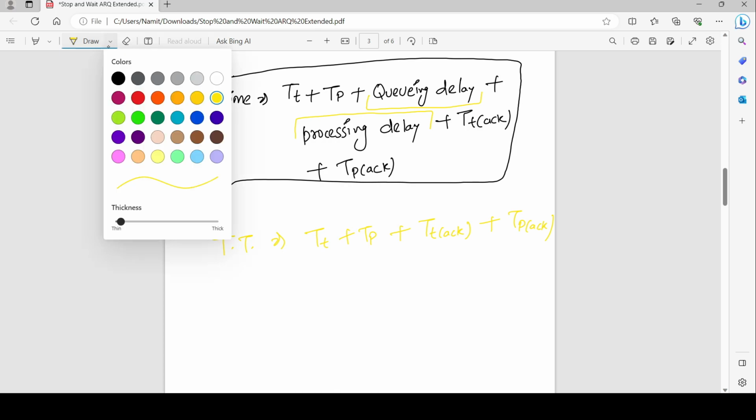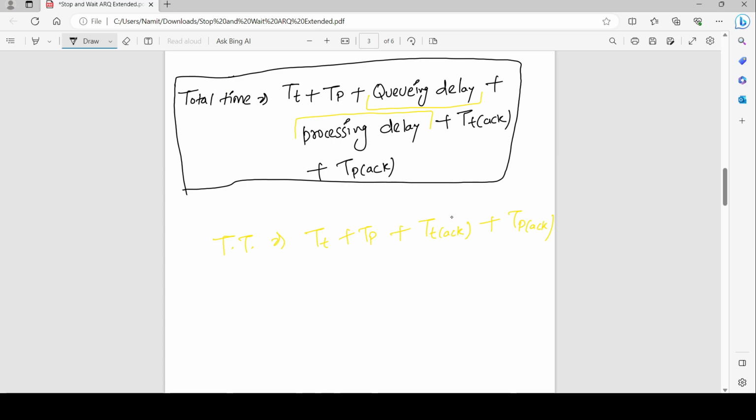Now if you will see, the acknowledgement data frame is a very small data frame. The amount of time taken to place that data frame onto the channel from the device is very less, or significantly less than the transmission time of the original data frame. So this thing is also negligible. So eventually total time is nothing but transmission time plus propagation time plus propagation time of acknowledgement.